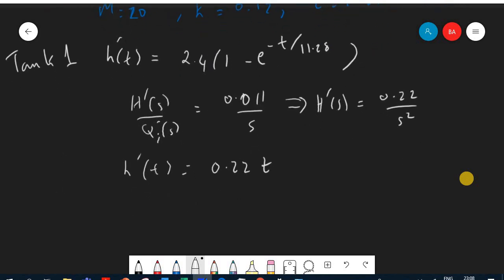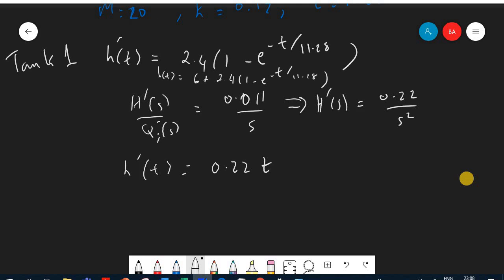Okay, so if you want to find H of t, you just add the steady state value. I don't know if you need to do this, but I'll just write this in a small letter. So if you want to find H of t, you're going to say that is H steady state, which we already know initially it was 6, plus 2.4 into 1 minus e to the power minus t over 11.28.